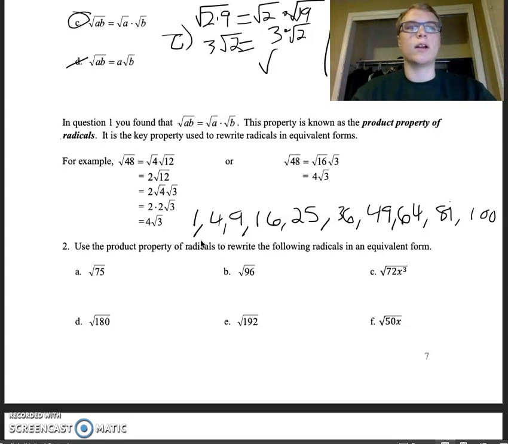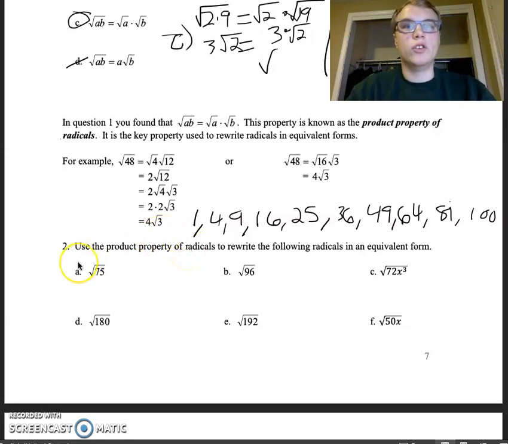So 1 squared is 1, 2 squared is 4, 3 squared is 9, 4 squared is 16, and so on until 10 squared is 100. These are the most common ones we'll use. In the example, they separated it into 4, and they did that twice because 4 is a perfect square, so you can simplify the square root of 48 to 4 times the square root of 3.